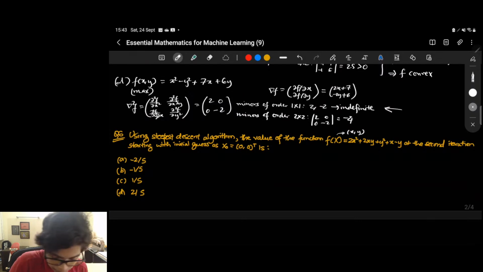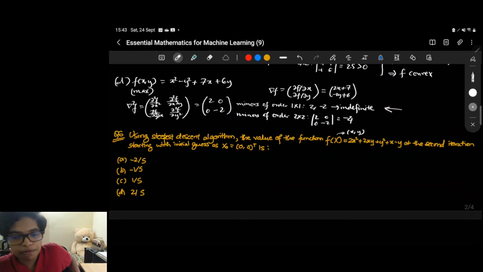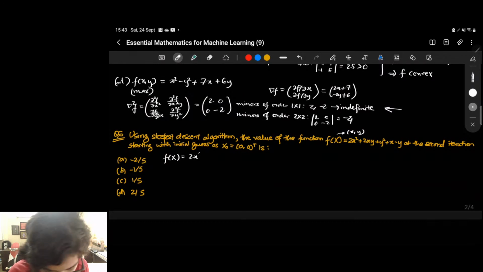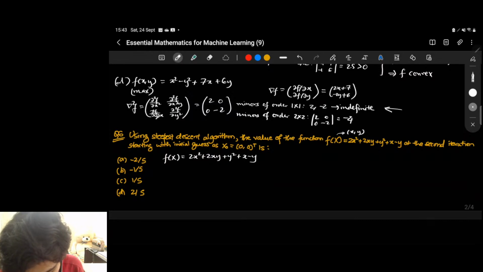So steepest descent algorithm is an algorithm to give us the minimum value of a function. So this is the function. We need to find out the minimum value of this function, and for that we will use the steepest descent algorithm. So what we have is the function, and then the gradient of the function.